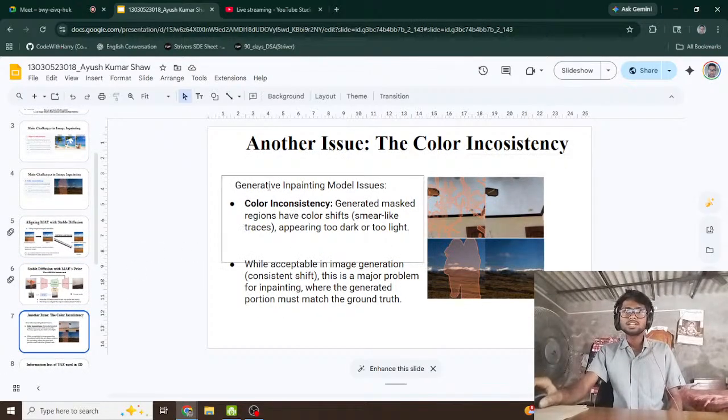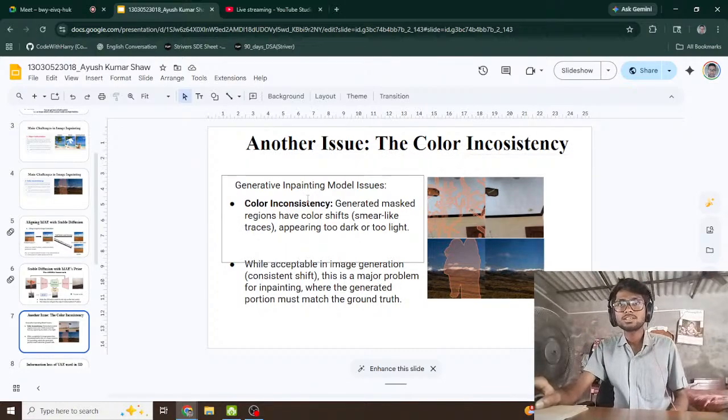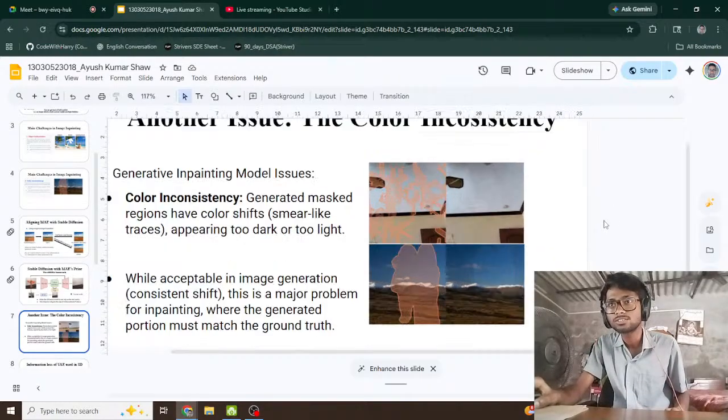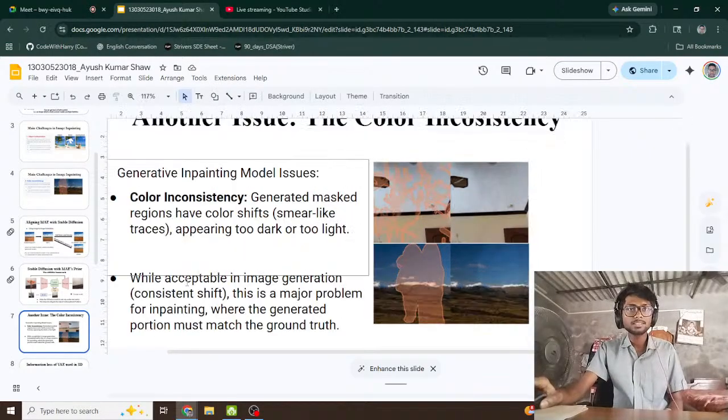And then comes another issue of inpainting, that is the color inconsistency. Often the generated image has color shifts, that is, it produces smear-like streaks. Though I don't think it is clear, we could see that the masked portion leaves certain smudge-like things in the image.